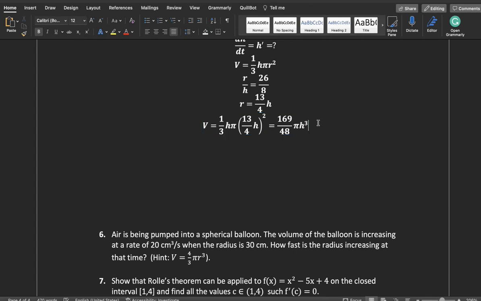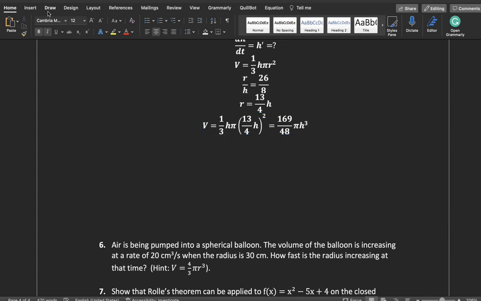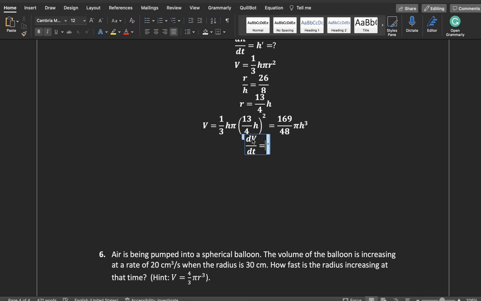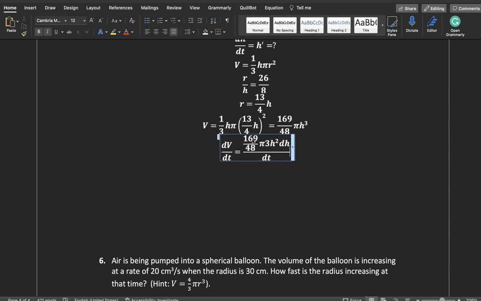And when you take the derivative of this over time, dV/dt is equal to 169 over 48 multiplied by pi multiplied by 3h squared dh/dt, right?